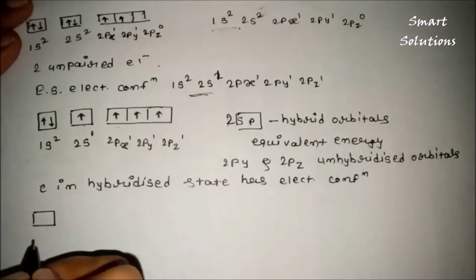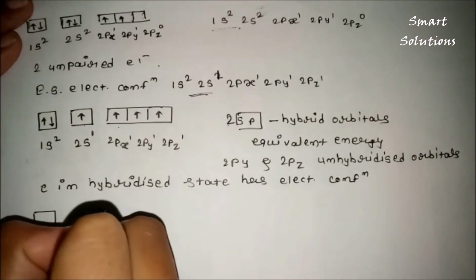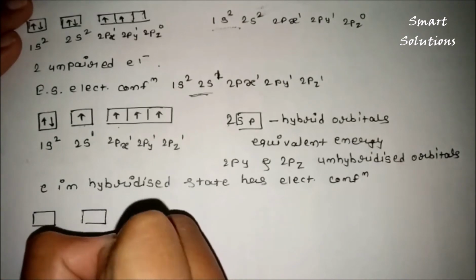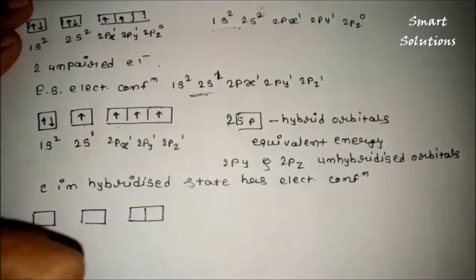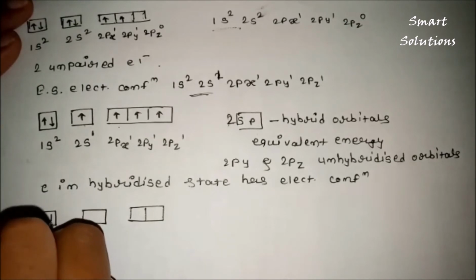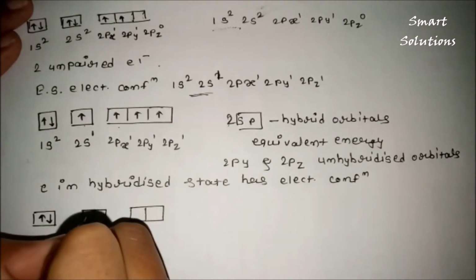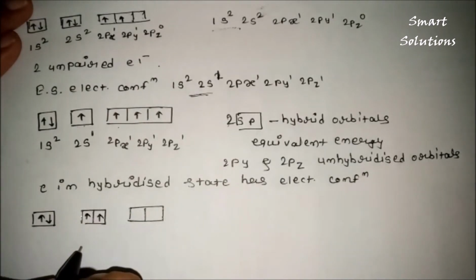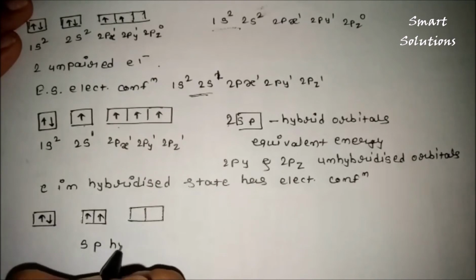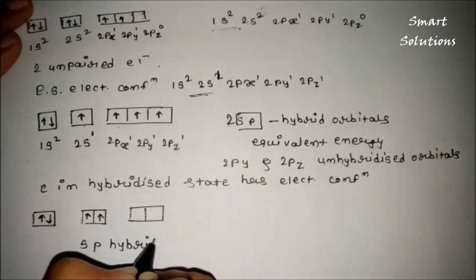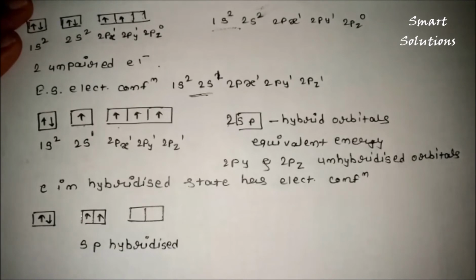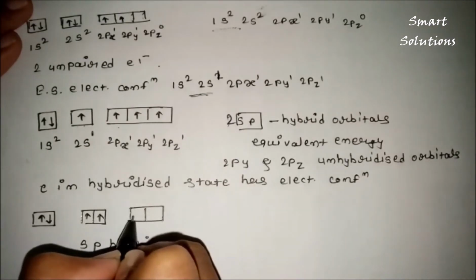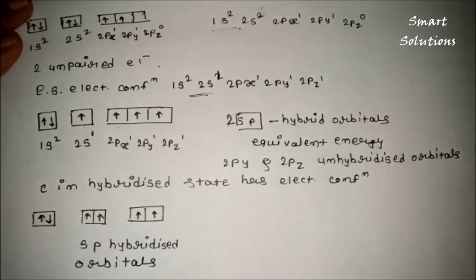This is 1s2, the 2 electrons in the first orbit. Then 2 electrons in the second orbit. These are the sp hybridized orbitals, and this is 1 electron in each orbital.